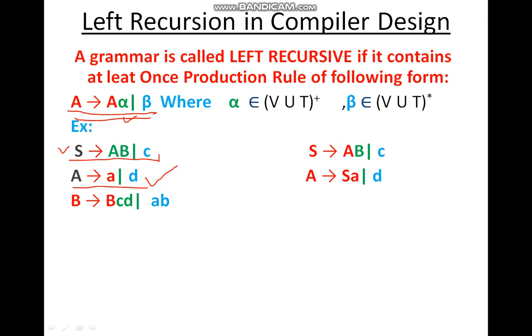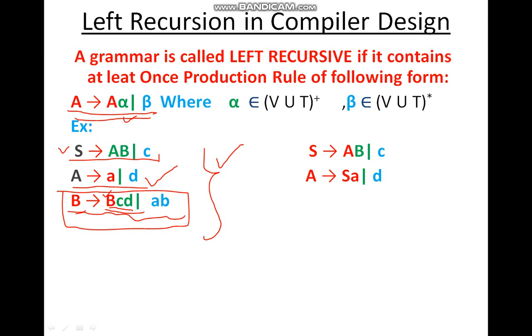But if you closely observe this production rule, V is deriving a term that is starting with itself, and V is the leftmost variable in this term. That's why this production rule is causing left recursion in this grammar. That's why this entire grammar is left recursive.